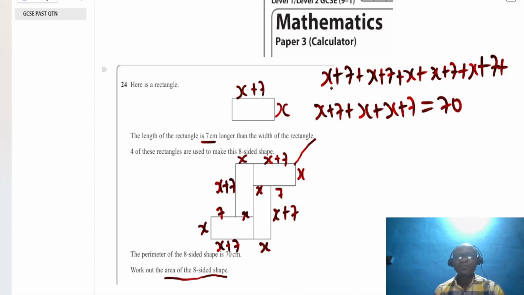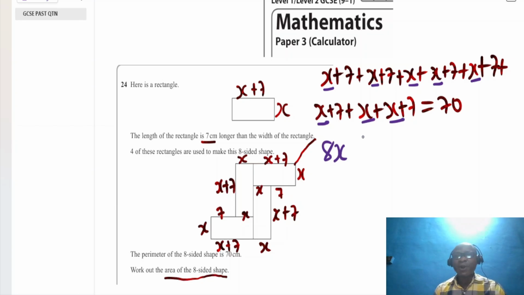Therefore, we begin. Follow me. I add all the x values. Let me change the color of my pen as I add them. So this is 1, 2, 3, 4, 5, 6, 7, 8. So I got 8x.